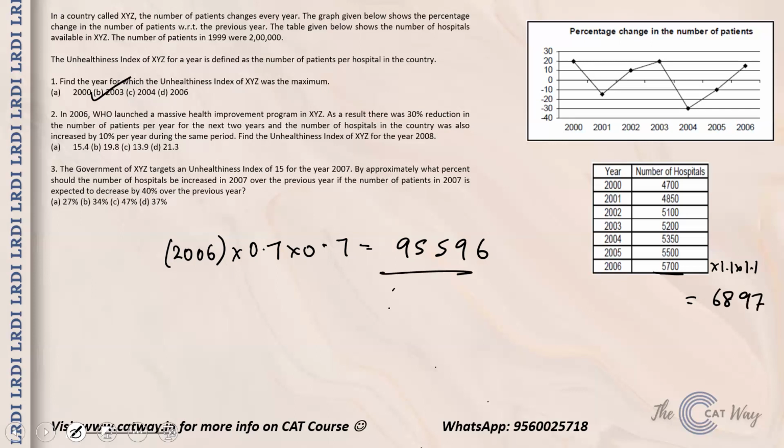Dividing the two, we get an unhealthiness index of 13.86. So the correct answer is option C.